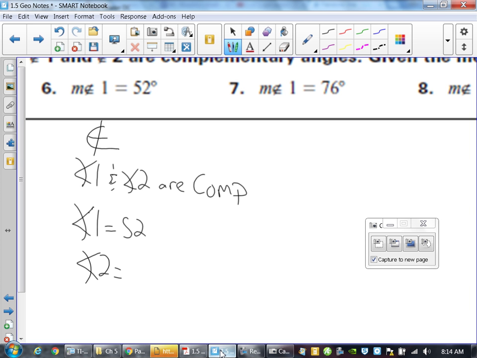Remember, guys, complementary angles are 2 angles that add up to equal how much? 90. So if angle 1 is 76, what would angle 2 be? 14. Very good. When you're subtracting, make sure you watch how you borrow. Use your calculators so you don't make a silly mistake.